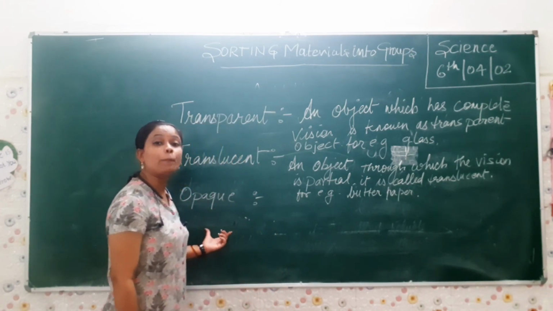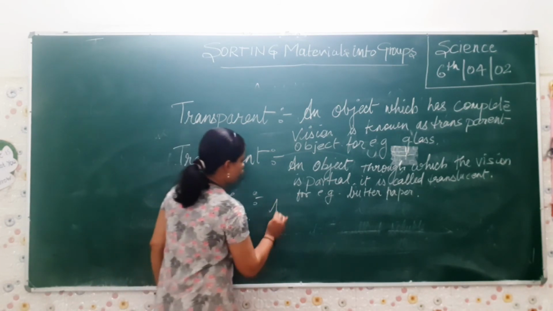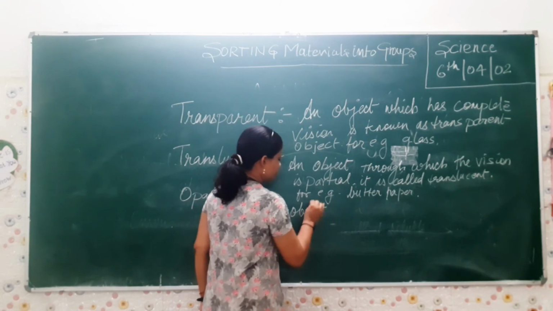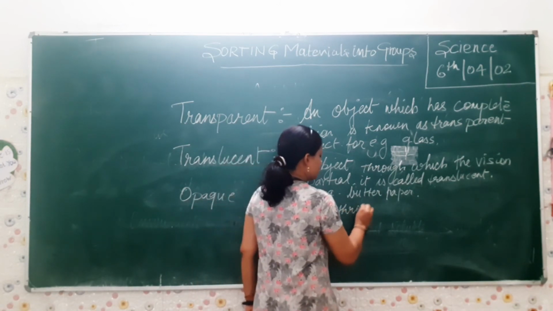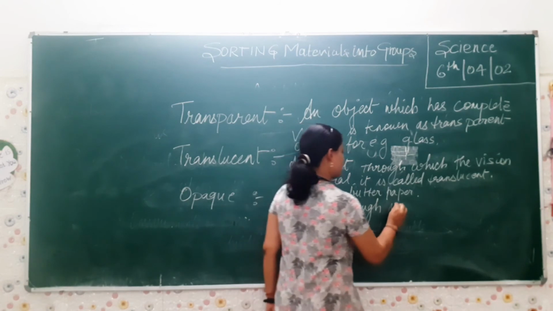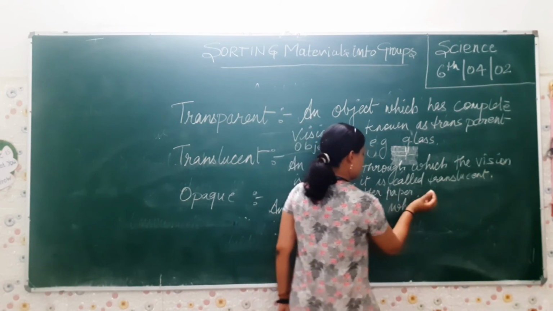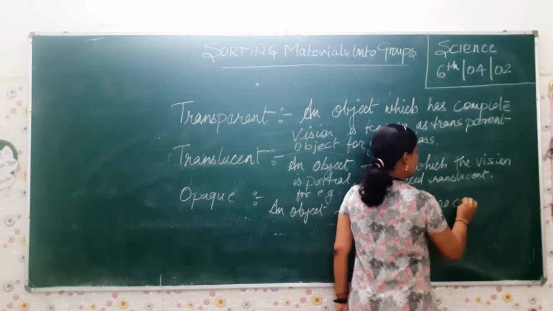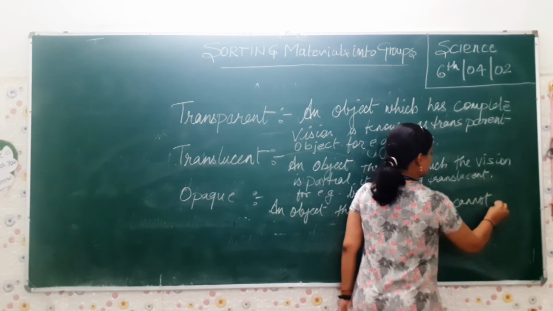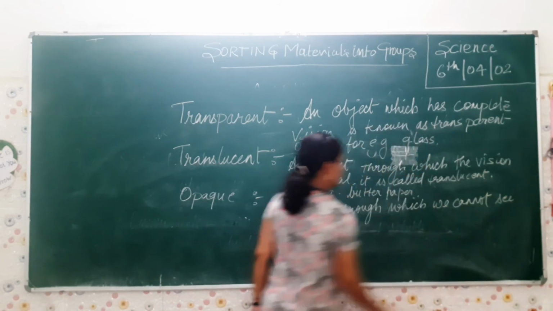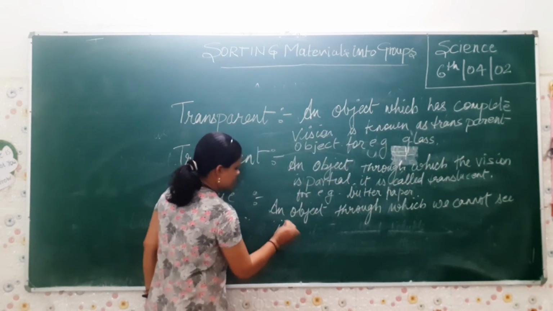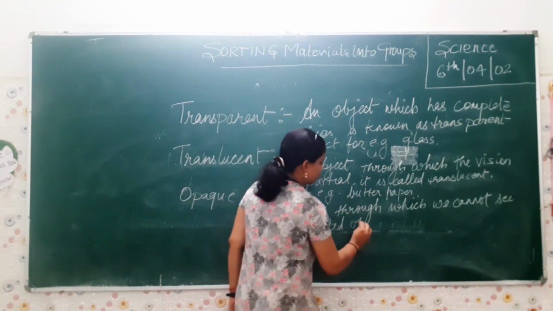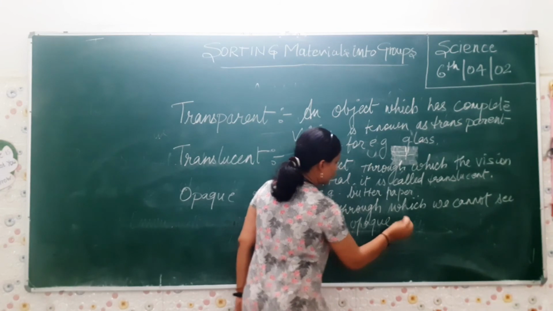Now what are opaque objects? An object through which we cannot see is called opaque.